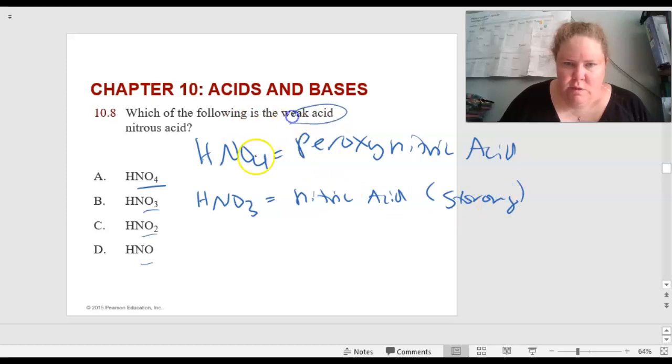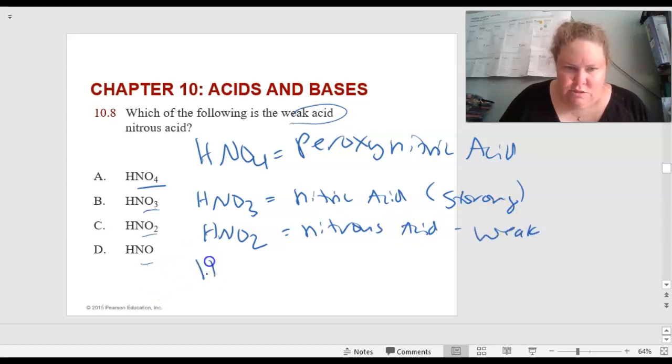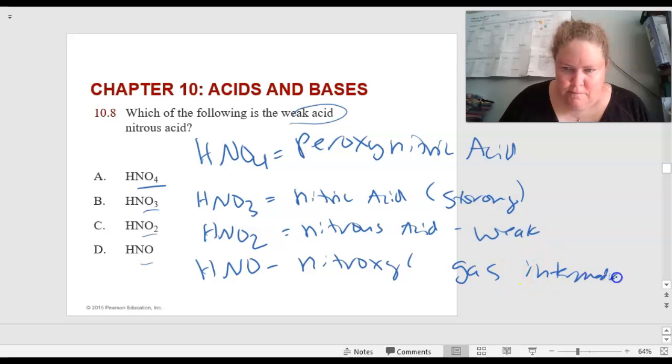Right now we're looking for weak. HNO2 is nitrous acid, and this one is weak. And then we have HNO, nitroxyl, which is a gas intermediate. So because we're looking for a weak acid, the only one that's going to be weak is answer C here.